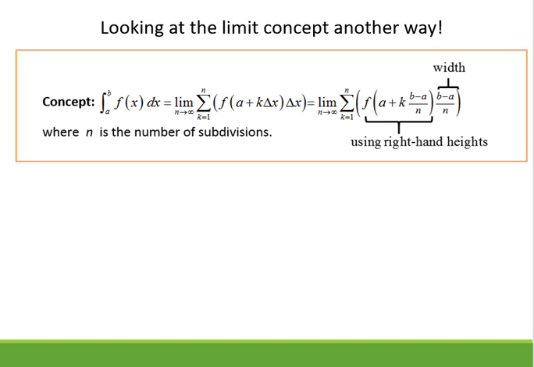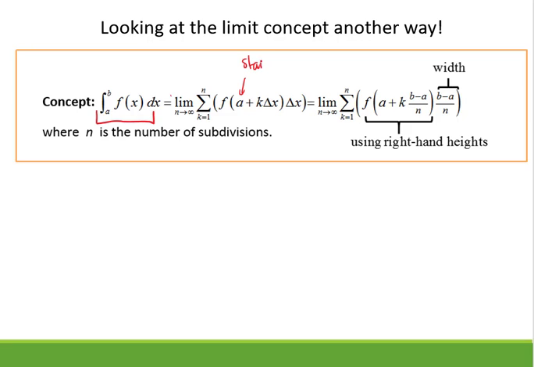Okay, so that's how our book does it, but the AP test actually takes a little bit of a different take on this definition. This is more similar to what you might find on the AP test. So we have here our definite integral, and then we have this written as a limit. Limit as n goes to infinity, so my number of rectangles keeps getting bigger, which makes the delta x smaller if you think about it, of a, remember that's my starting point, plus k delta x.